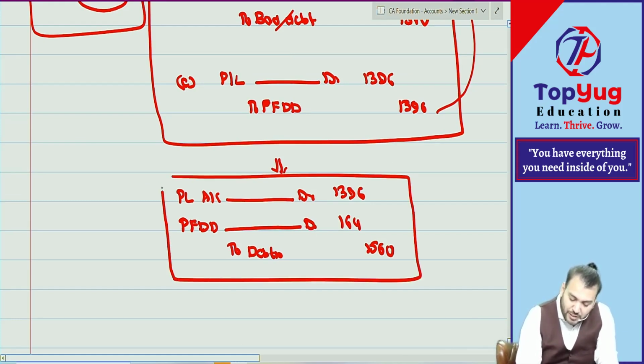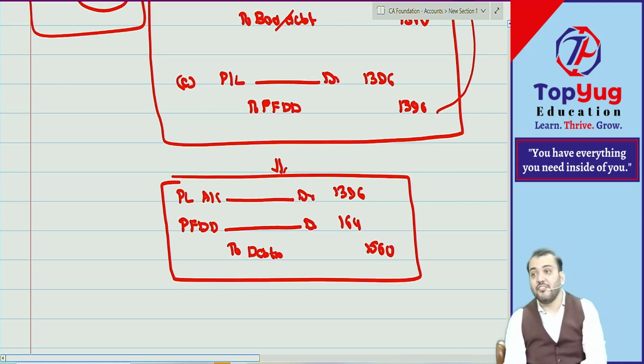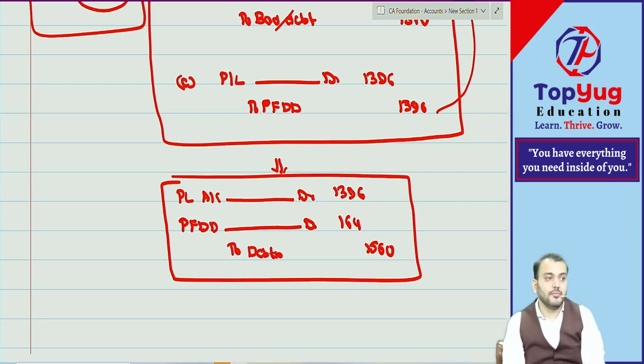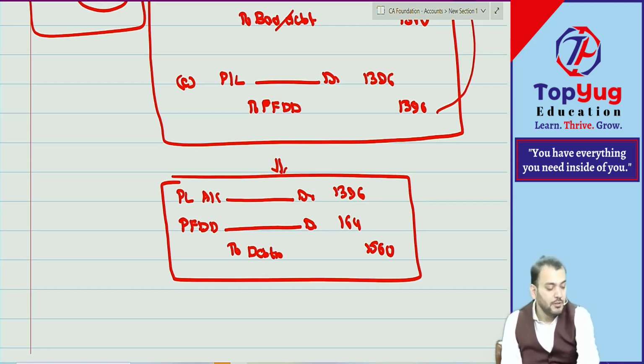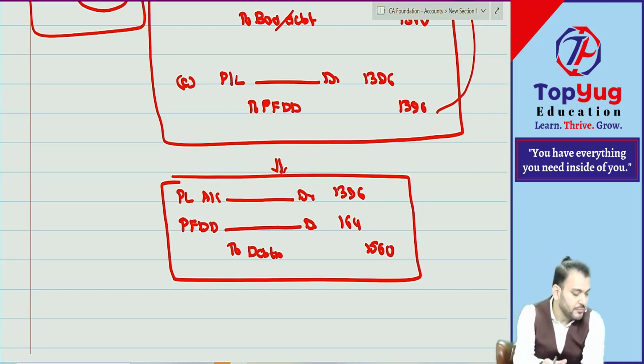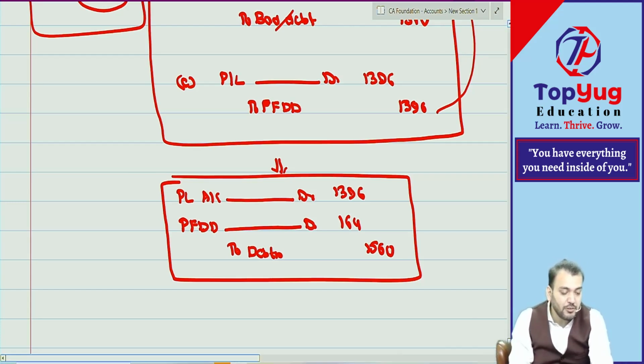Have you understood this journal entry? This is the net effect of all these three compound journal entries. What journal entry have they done? Check, point number 7.